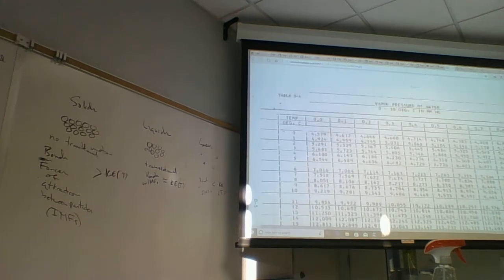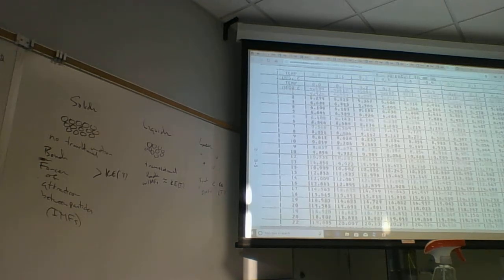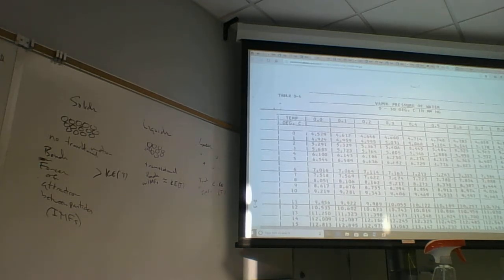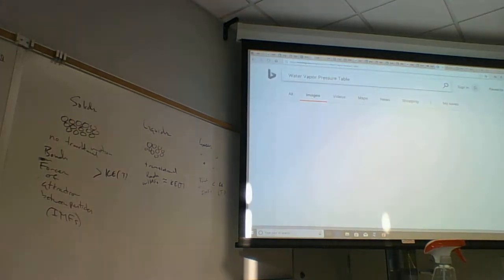Well, when you look at a data table like this, is it easy to read? No, a lot of people don't like data tables like this. And so they do something called data reduction. One way to reduce all these numbers down into something simpler is to do this. Rather than making it in table form, we do a graph.